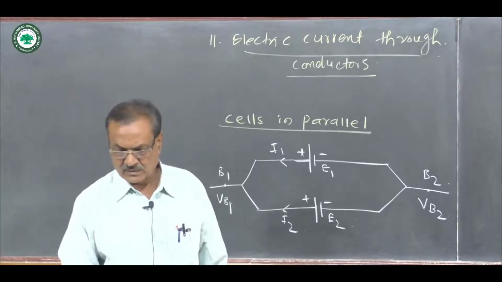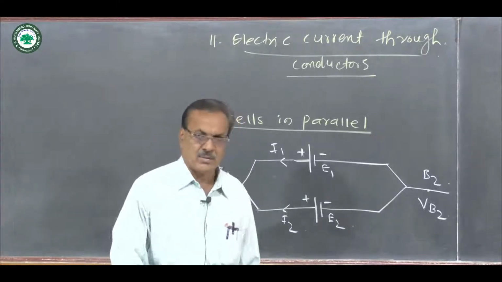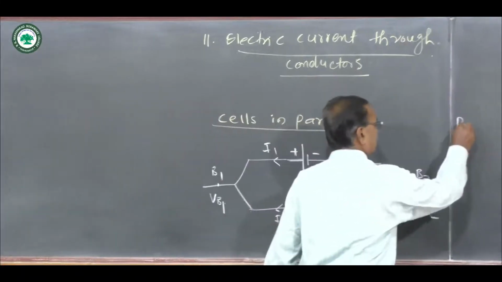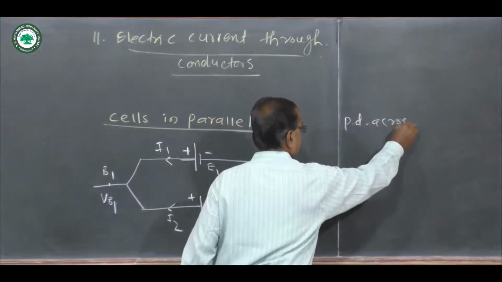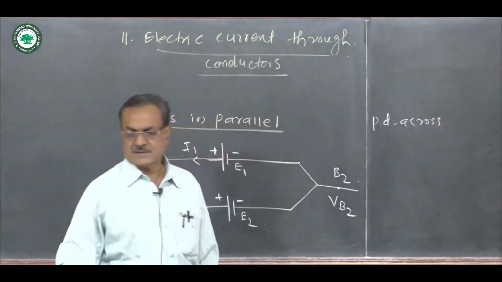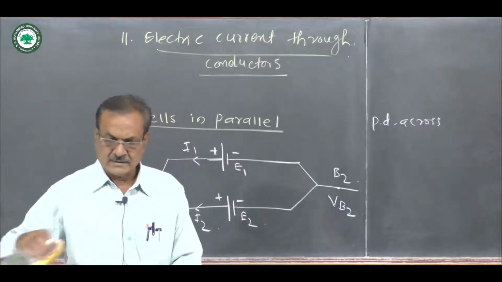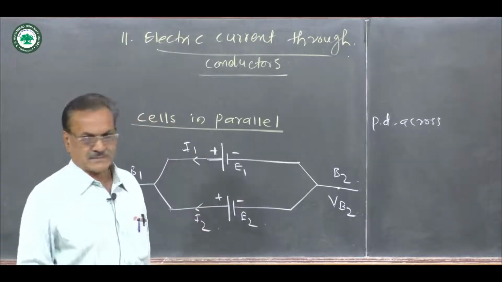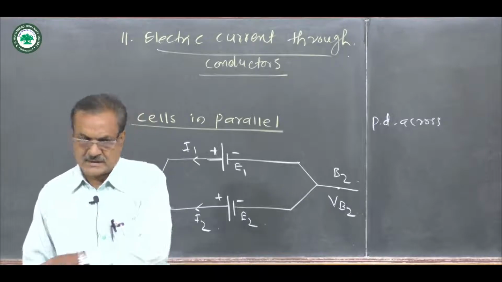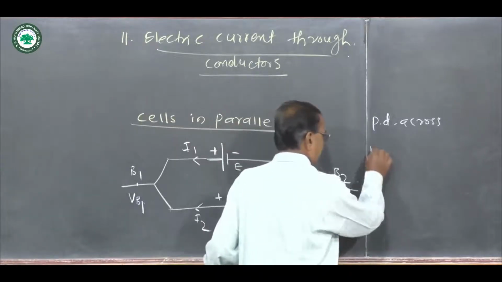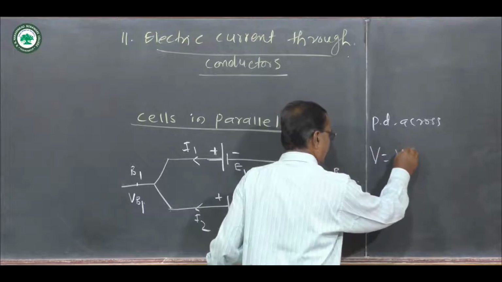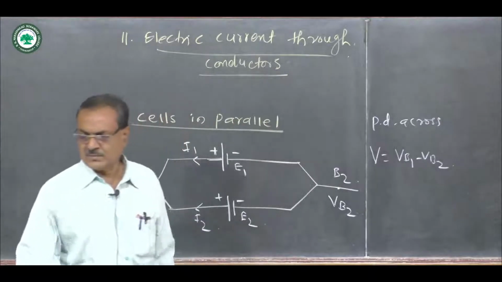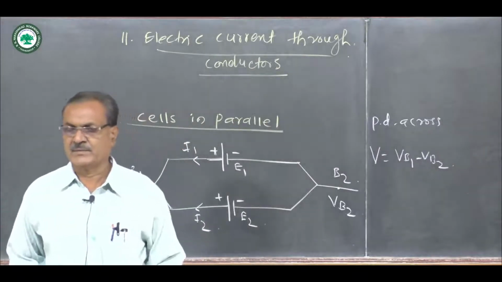So we can write, for the first cell, the potential difference across the terminals of cell E1: V is equal to Vb1 minus Vb2.